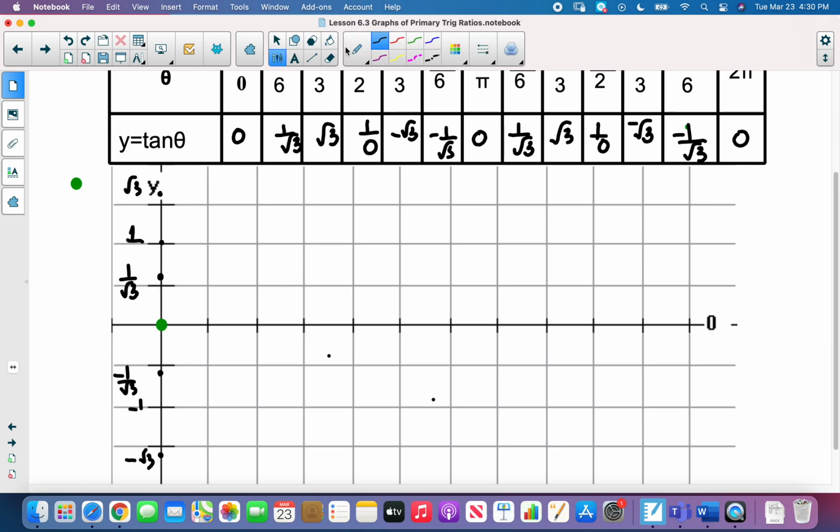Then you have to write our angles here: pi over 6, pi over 3, pi over 2, 0, pi over 2, pi over 3, 5 pi over 6, pi, 7 pi over 6, 4 pi over 3, 3 pi over 2, 5 pi over 3, 11 pi over 6, and 2 pi.